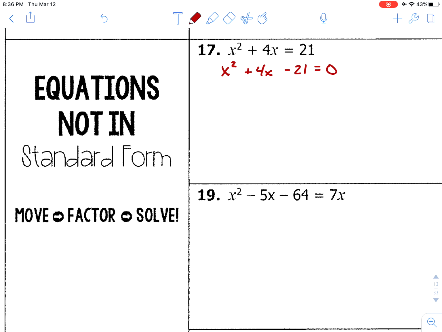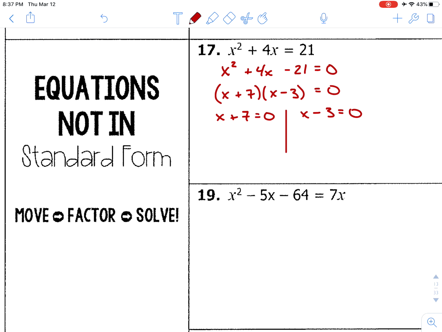All right, so now I want two numbers that multiply together to give me negative 21 that will add to positive 4. Okay, those two numbers are going to be positive 7 and negative 3. So we're going to get factors of x plus 7 and x minus 3, still set equal to 0. So at this point now I can set each individual factor equal to 0 and solve. So x plus 7 equals 0, and x minus 3 equals 0.